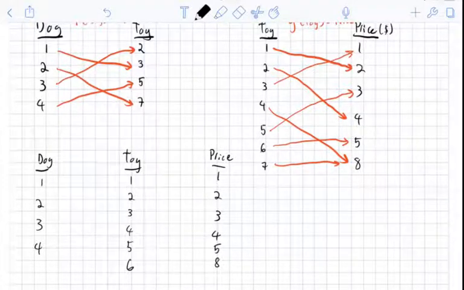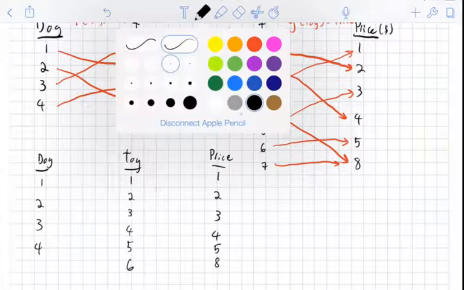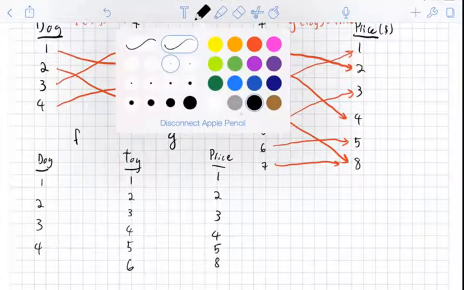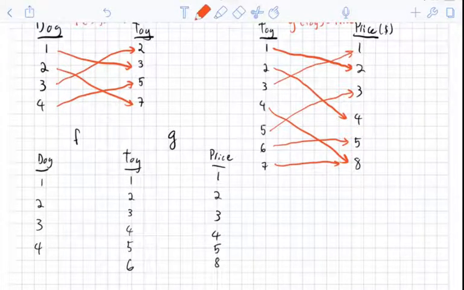Now, the way I'm going to represent this composite function is, first you evaluate f of x, f of dog, I guess, and then you evaluate your g function, taking you from the toy to the price of the toy. So, dog number 1 likes toy number 3, and that corresponds to price number 1.